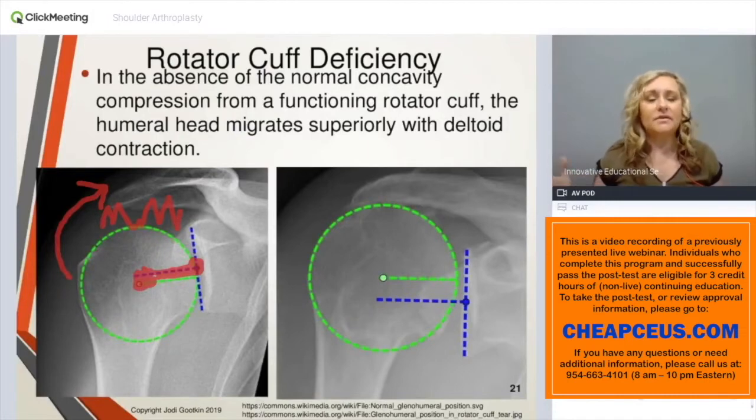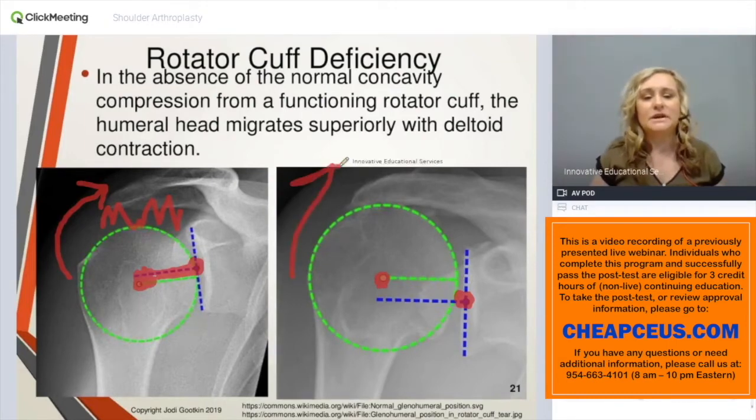In someone who does not have a functioning rotator cuff, and I think this is important for us to envision as we're working with our patients with rotator cuff pathology, what's happening at the joint surfaces. So on the right image, if we look at this dot in the blue line, that is our center of rotation on the glenoid fossa, and here's our center of rotation in the humeral head.